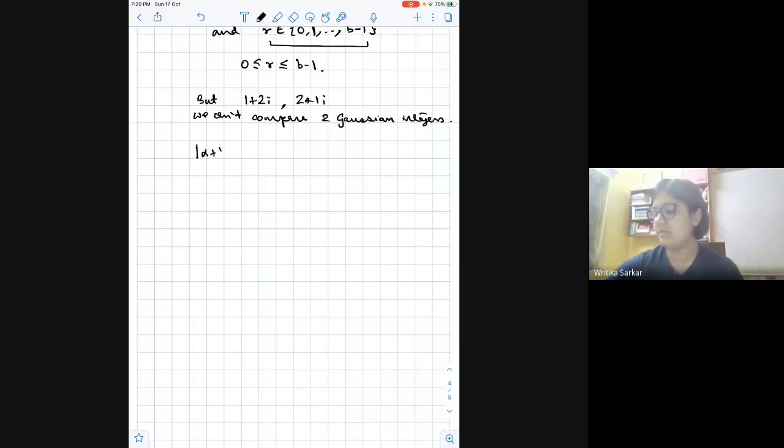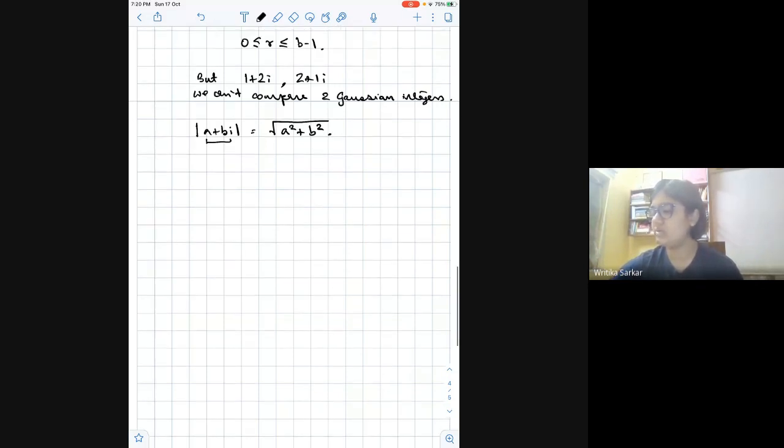The absolute value of a plus bi is the distance of this number from the origin, and this is just defined as the square root of a squared plus b squared. But actually, we are not going to take this. We're going to take a similar notion of size, and here comes our next most important definition: the norm.